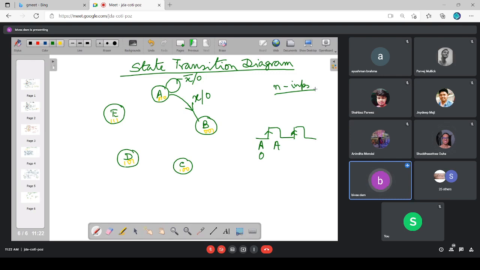When the present state is A, there will be altogether 2 to the power n possible input combinations available. For every input combination, there will be one possible branch. That I am talking about the general transition diagram concept. But here, the value of n is how much? 1. So 2 to the power 1 means 2. From every state, there will be 2 possible branches.